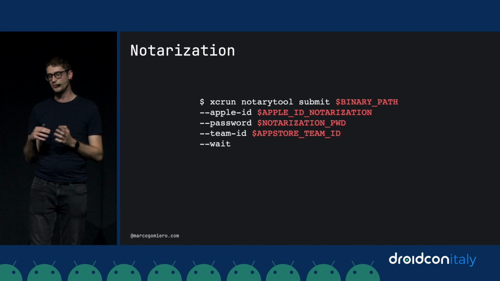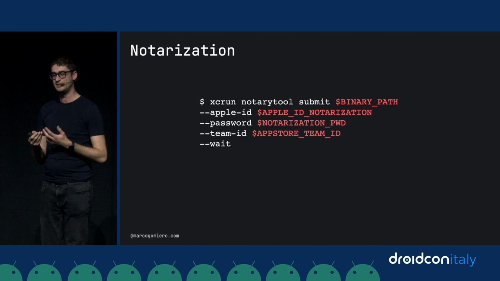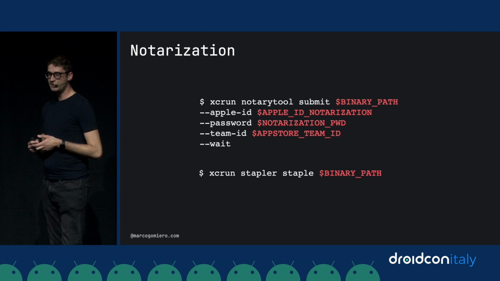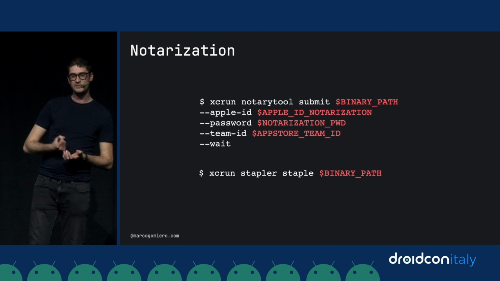In reality, it usually takes a couple of minutes. You can pass a wait argument to the command, and this will be a blocking call that blocks the CLI and waits until it's done. After it's done, you can just staple the ticket to your binary, and you're good to go.